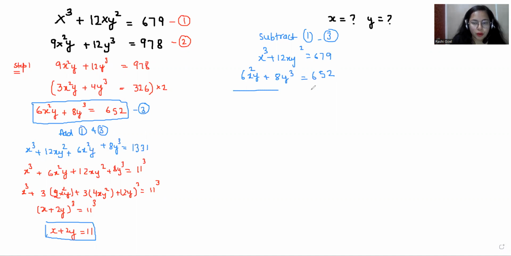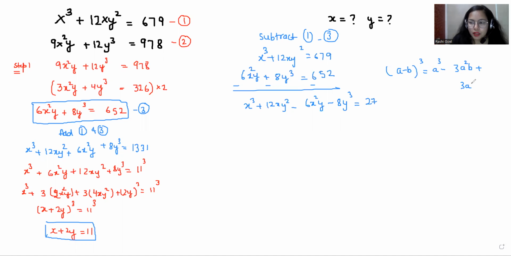If I am subtracting, I'm going to change the sign here. So I'll get x cube plus 12xy square minus 6x square y minus 8y cube is equal to 27. You know the formula of (a minus b) whole cube, that is a cube minus 3a square b plus 3ab square minus b cube.